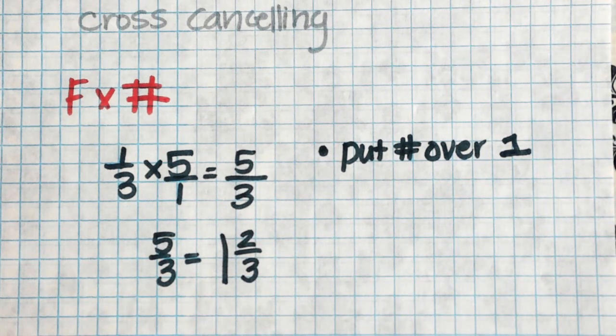So again, the two ways that you're going to be multiplying today: fraction times fraction, and you just go straight across, numerator times numerator, denominator times denominator. Or if you have whole number times fraction, then you just have to make sure your whole number is over 1. It makes it keep its value.